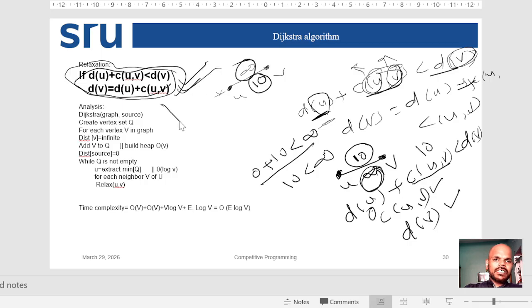Then we will discuss the time complexity, how the time complexity of the Dijkstra algorithm is E log V, and at the end of the simple problem we discuss the time complexity.